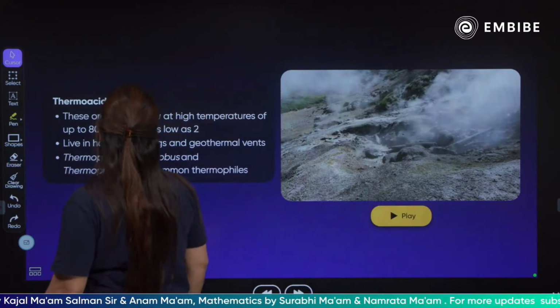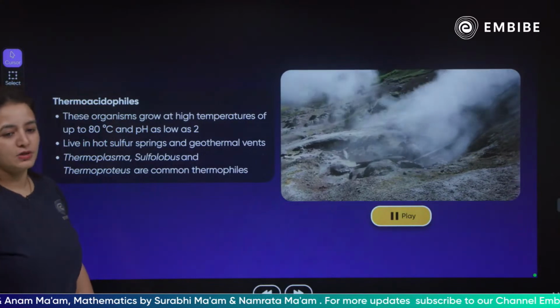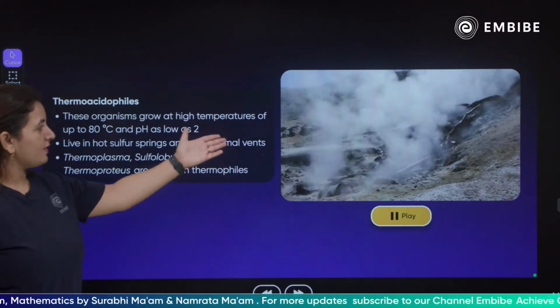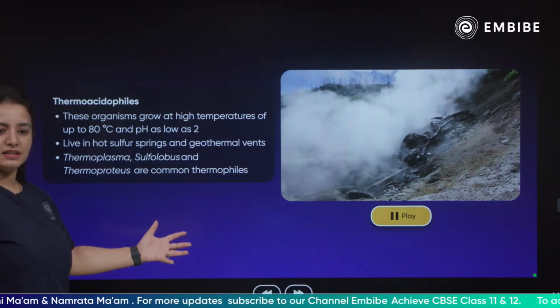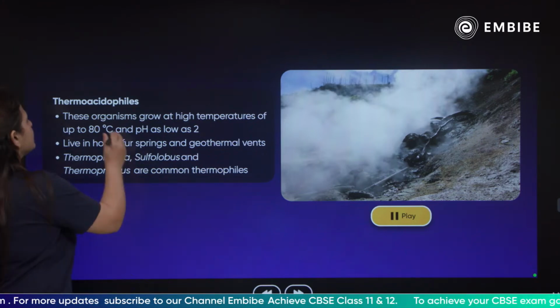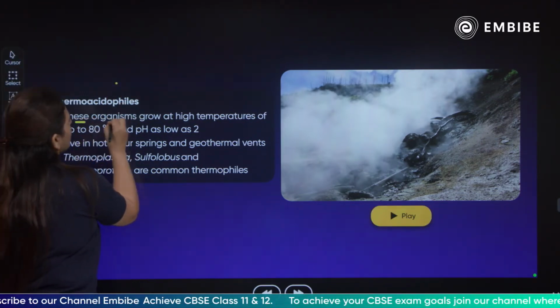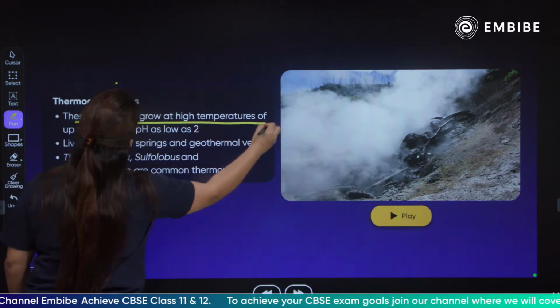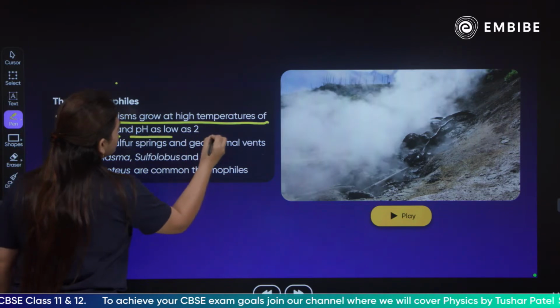So children, I know the name is very much clear. These Thermoacidophiles, as you can see, survive only in extremely hot conditions. Okay, so children, Thermoacidophiles are organisms or bacteria which can grow at extremely high temperature up to 80 degrees C and a pH as low as 2.